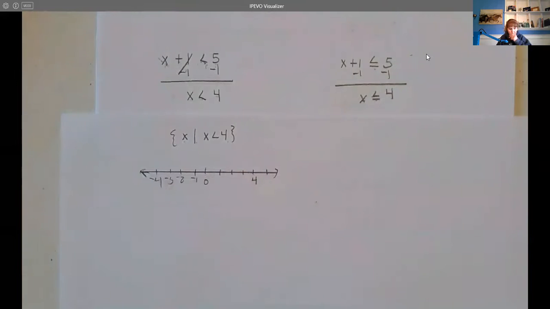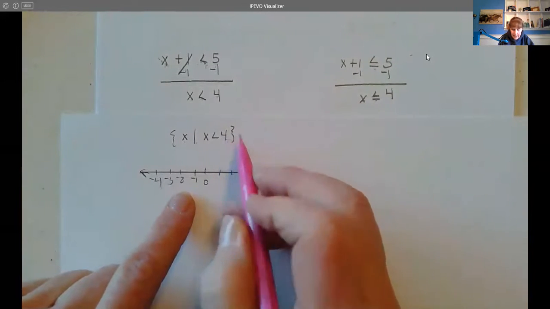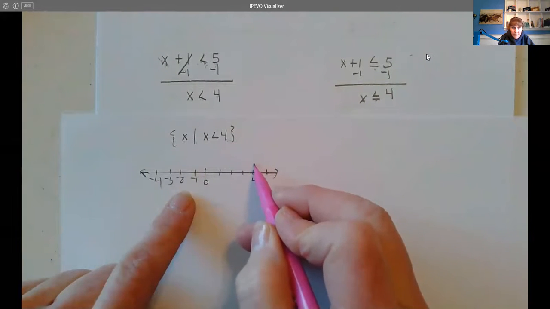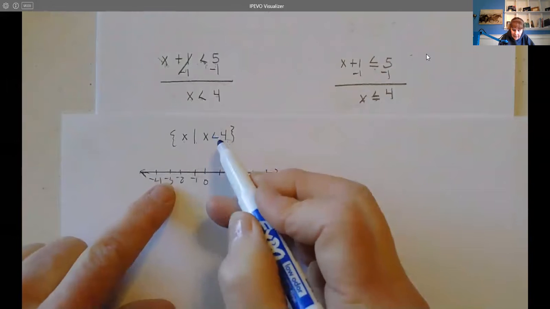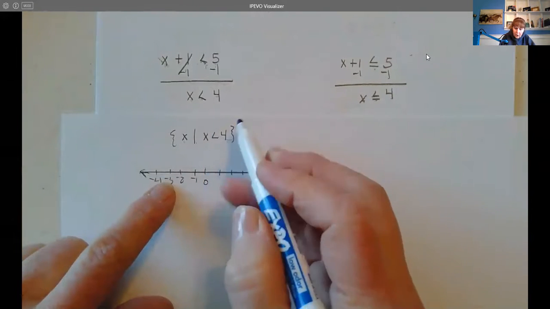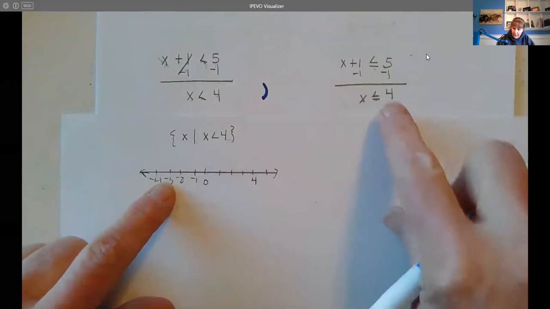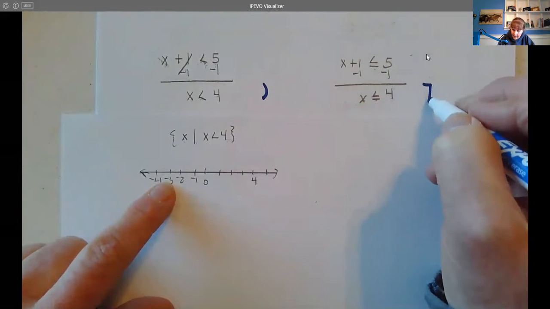All right. So here, you're going to go to the 4. Now, some of you may have used an open circle, but My Math Lab doesn't do that. My Math Lab says, okay, if it doesn't include it, you use a parenthesis on that point. If it does include the value you're looking at, you use a bracket.